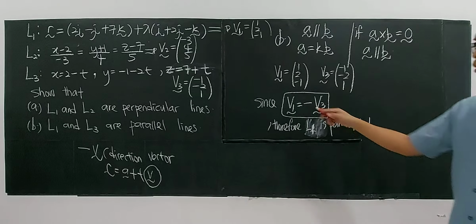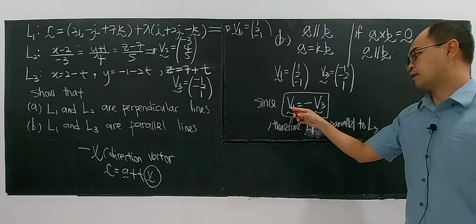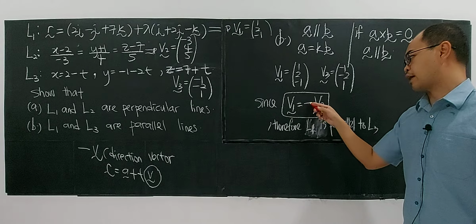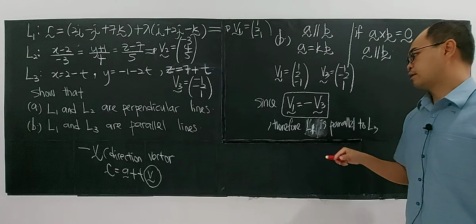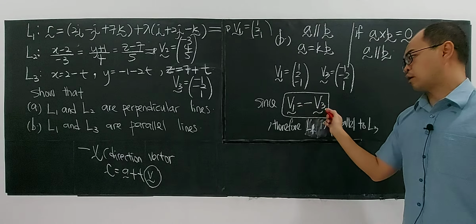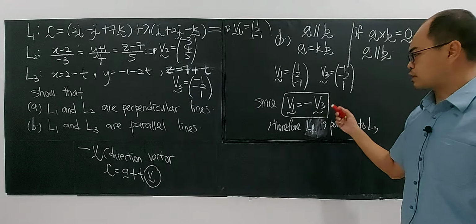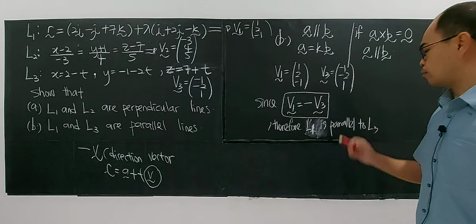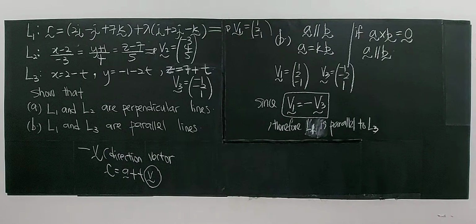Because of this statement, the direction vectors are parallel, whether V1 is K times V3 with K negative or any number. This shows that the two direction vectors are parallel to each other. If the directions are parallel, the lines are also parallel. So this is the first way.